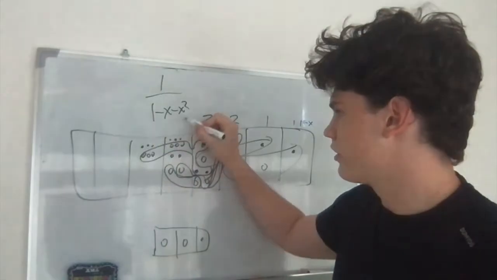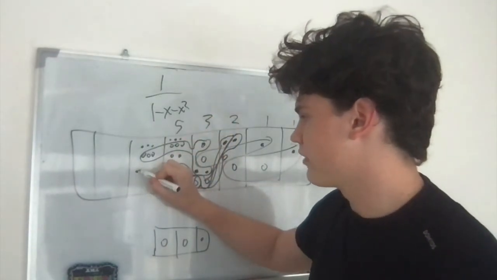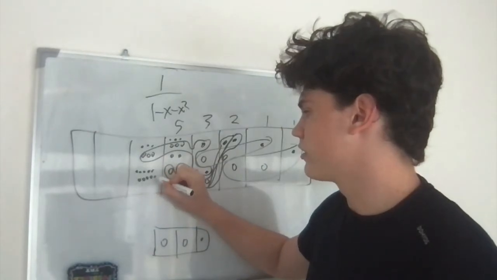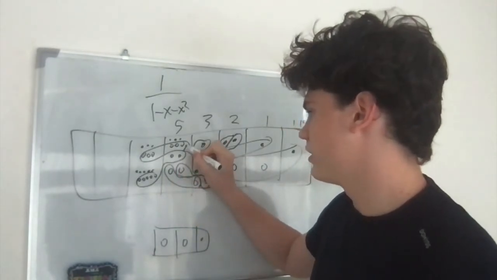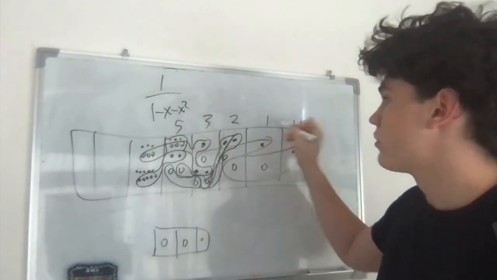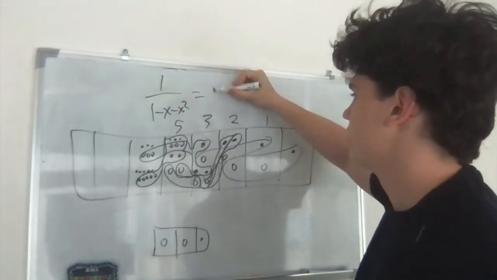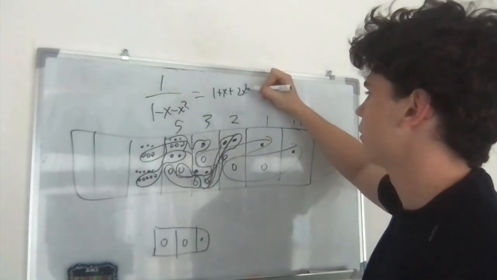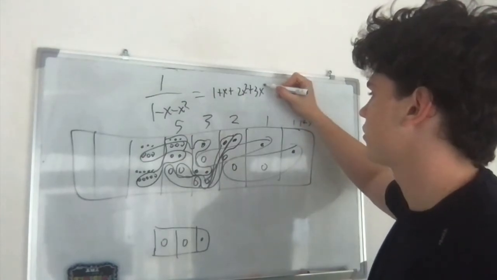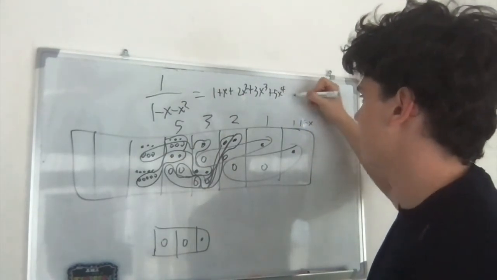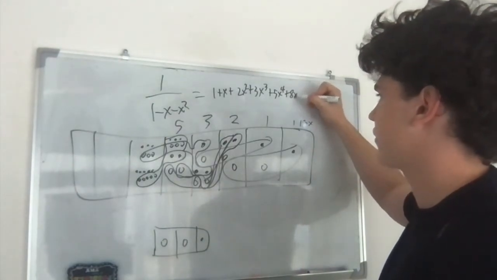So when we do it there, we should get 5 here, but we're gonna have extra 5 dots and 5 antidots that we canceled, that we group up. Now I have 8 here. So then what we could write that as is 1 plus x plus 2x squared plus 3x cubed plus 5x to the power 4 plus 8x to the power 5.